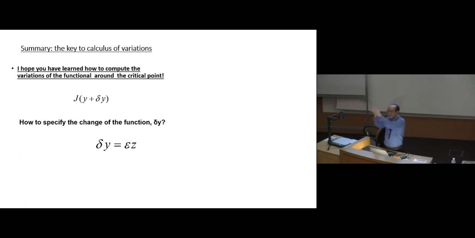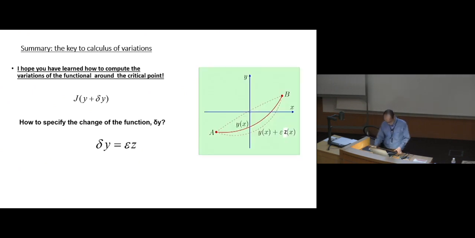Now you have so many directions you have to pick a specific direction to look. Okay? That's the key technique you should understand in order to solve the calculus of variation problem, right? How do we express the change of the function? Okay?